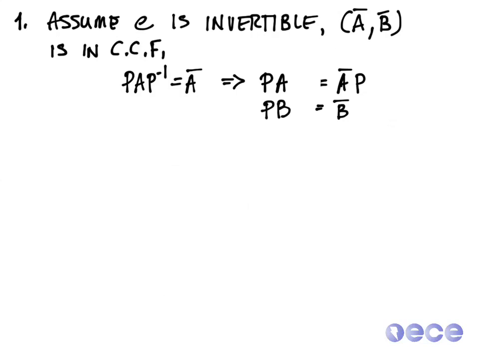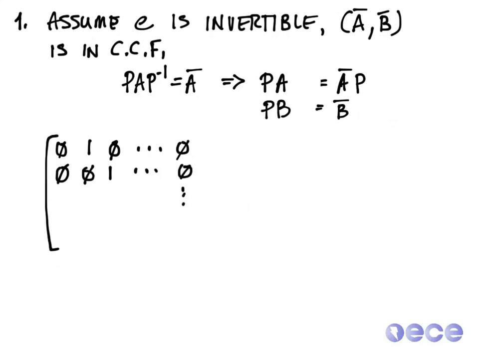So we know that A bar times P is equal to P times A. We showed that here. So let's go ahead and write now A bar times P. A bar, which is in controllable canonical form, as we said before in our assumption, is equal to 0, 1, 0, and then a whole bunch of other zeros. 0, 0, 1, and a whole bunch of other zeros, until we get to a row where we have all zeros that ends in a 1.